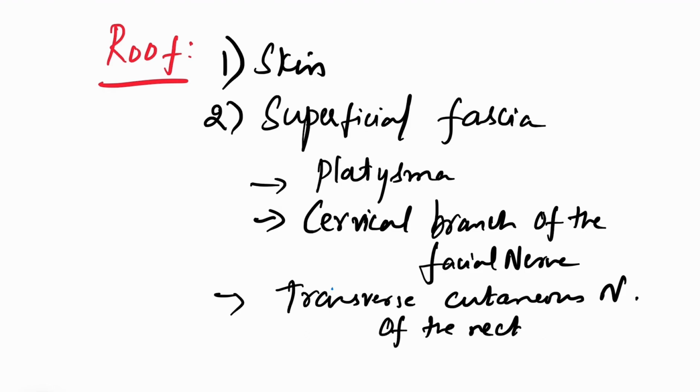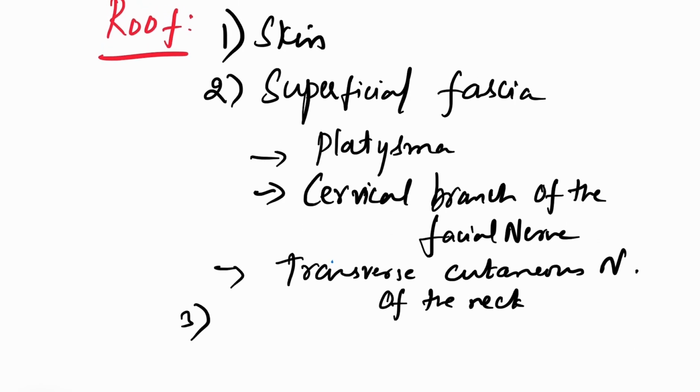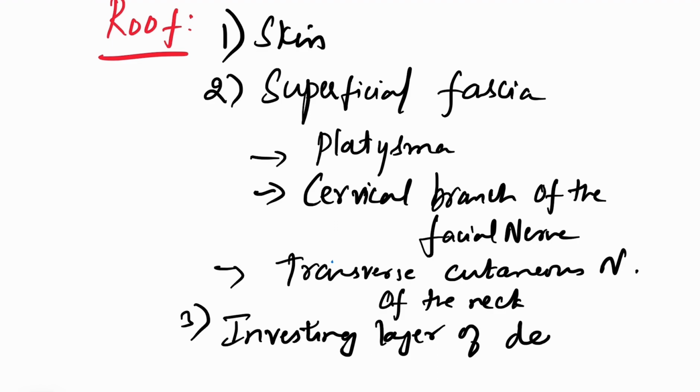Okay, then of course there is the deep cervical fascia, investing layer. So the third component which forms the roof is the investing layer of the deep cervical fascia. Okay, so these are the structures which form the roof.